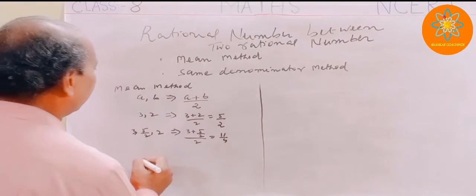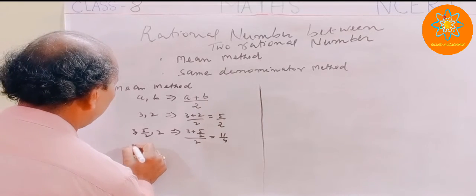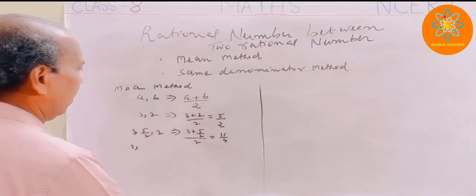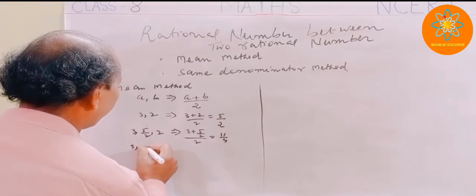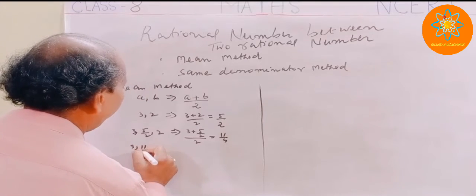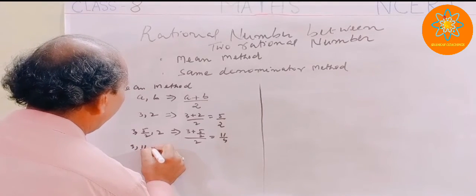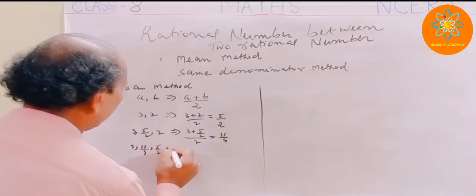So, I can arrange this as 3, then 11 by 4, then 5 by 2 and 2.